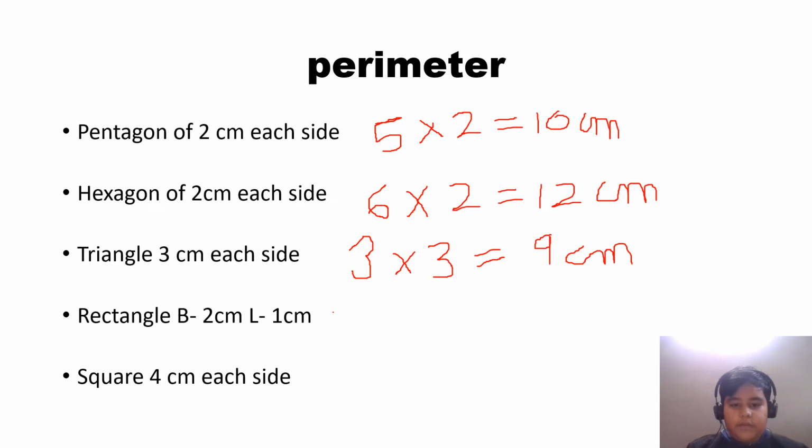It means first we have to multiply breadth by 2 and add 1 into 2. 2 into 2 will be equal to 4, and then we have to add 1 into 2, which will be equal to 2.